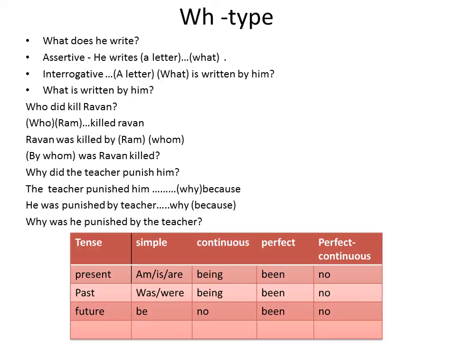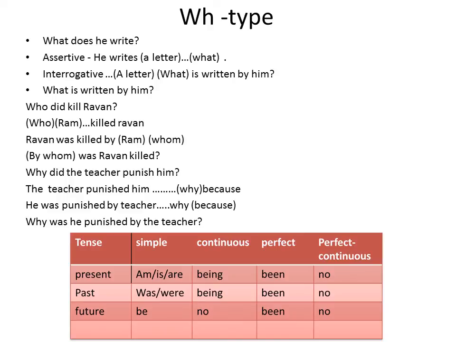Let's see the second sentence. Who did kill Ravan? We know Ram killed Ravan. This is the assertive sentence.